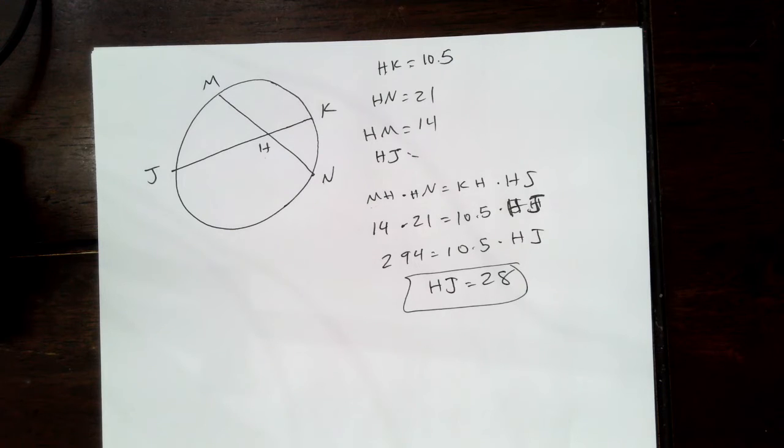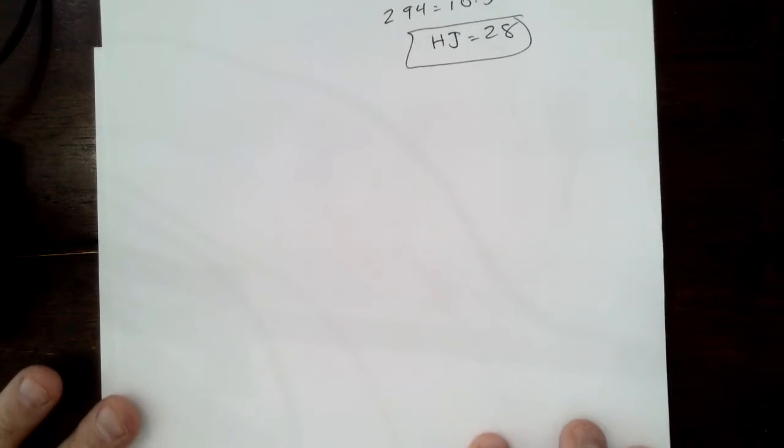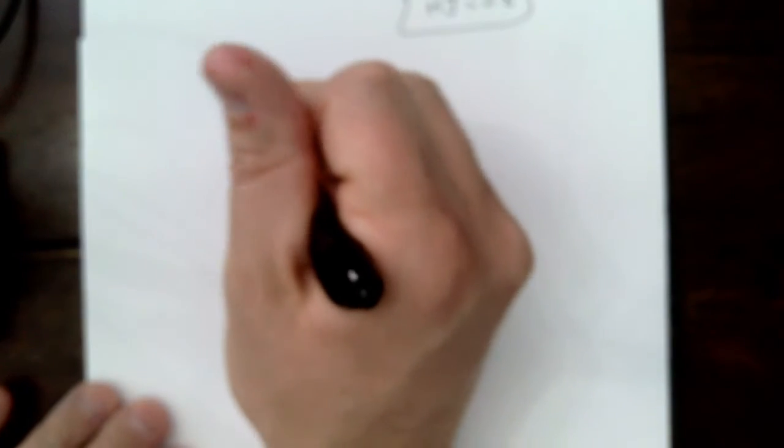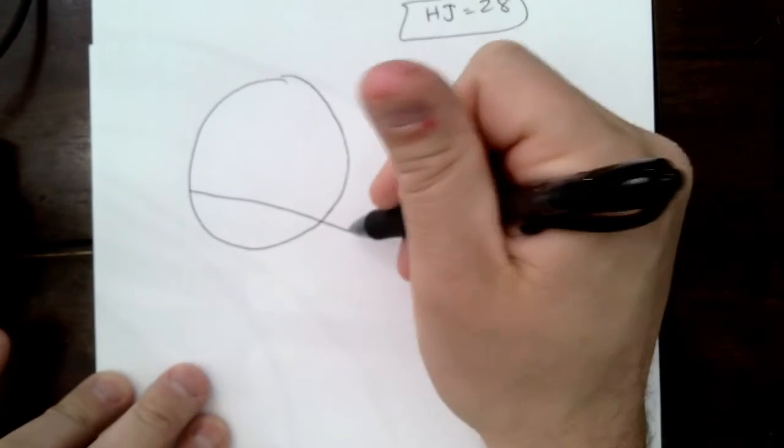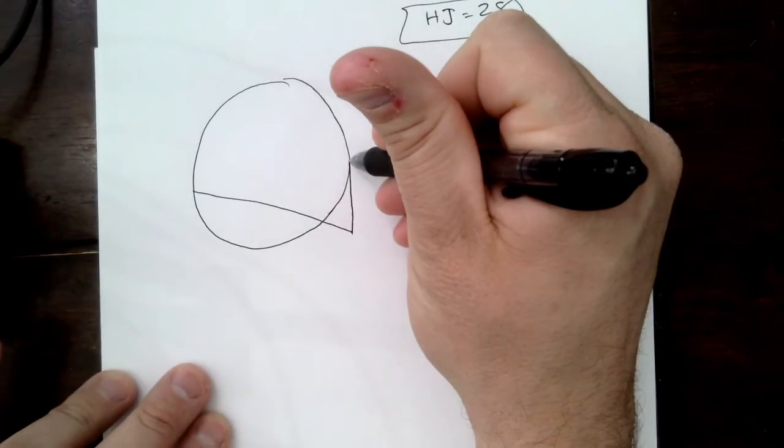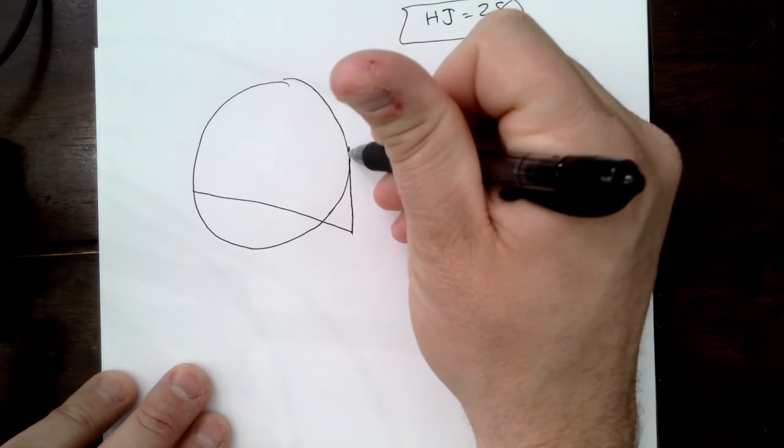Okay. This one has, and the reason why I wanted to do another one is because of this problem. It's something different. Oh, no, it's gone. There it is. Okay, so it has a circle. Has a line that comes through like that. And then it's tangent to right there.